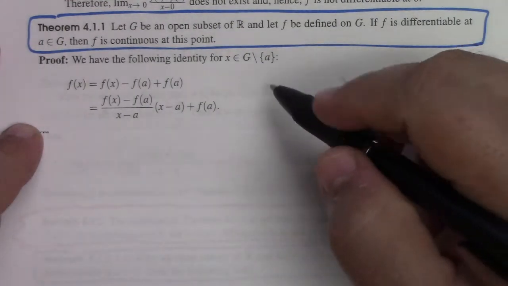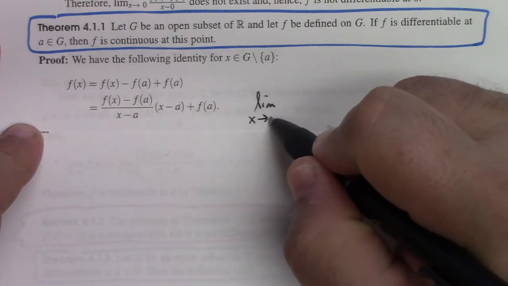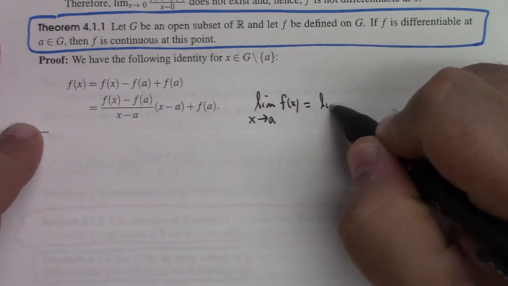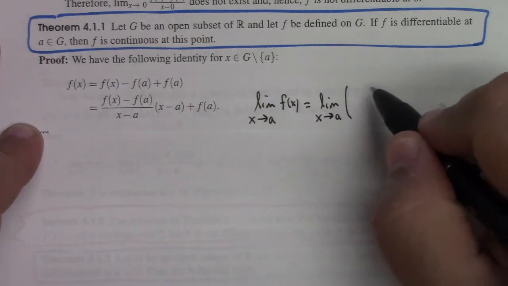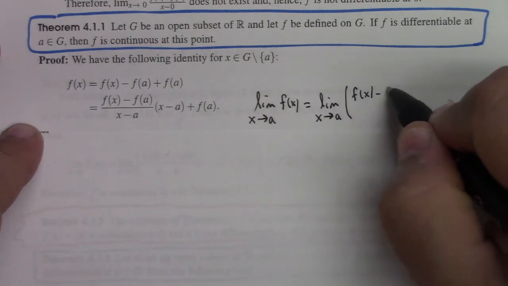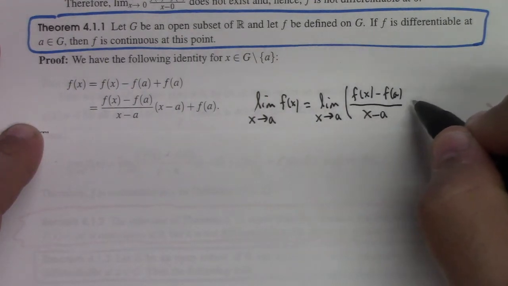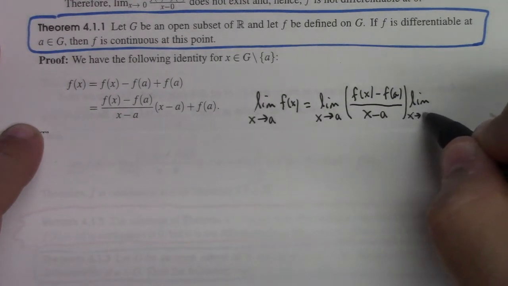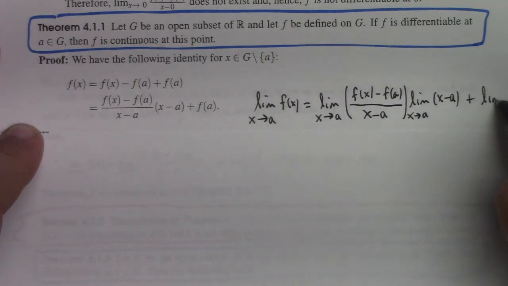So in other words, the limit as x approaches a of f of x equals the limit as x approaches a of f of x minus f of a over x minus a, times the limit as x approaches a of x minus a, plus the limit as x approaches a of f of a.